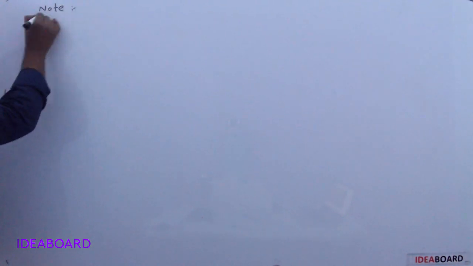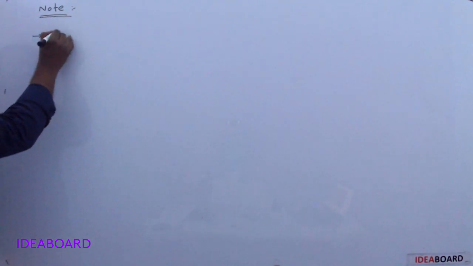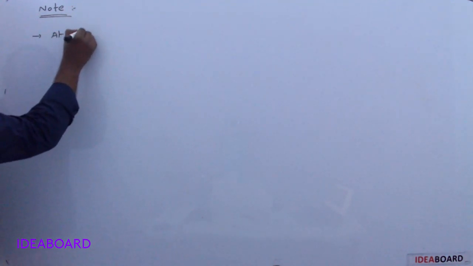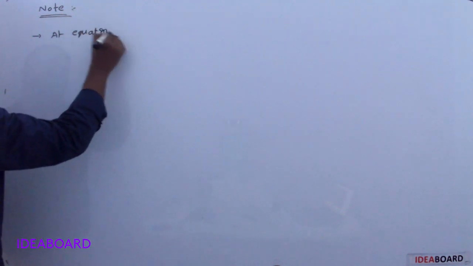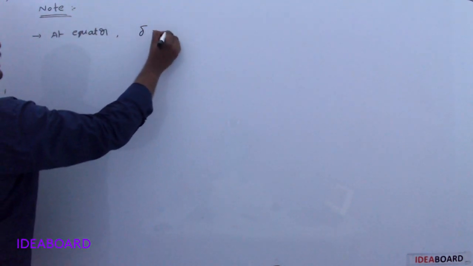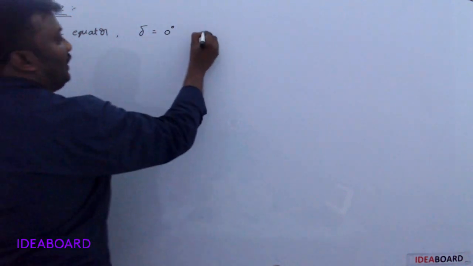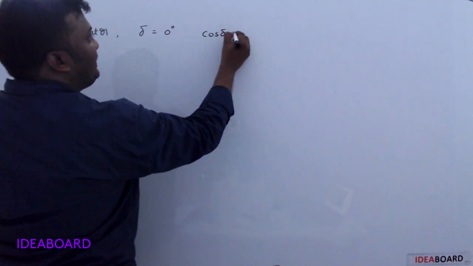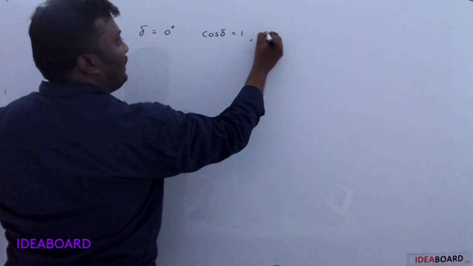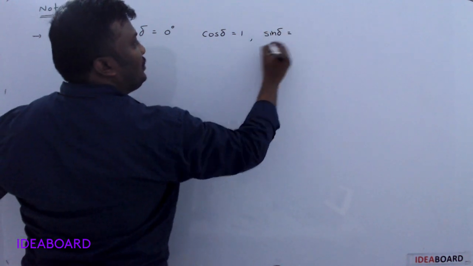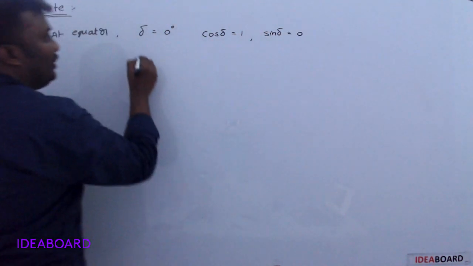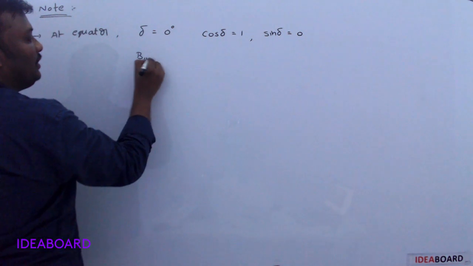Now let us see about some note points related to the earth magnetism. The first one is at equator. We know angle of dip value is 0. If angle of dip is 0, then cos delta, cos 0 value is 1, sin 0 value is 0 na. So what happens to the BH?